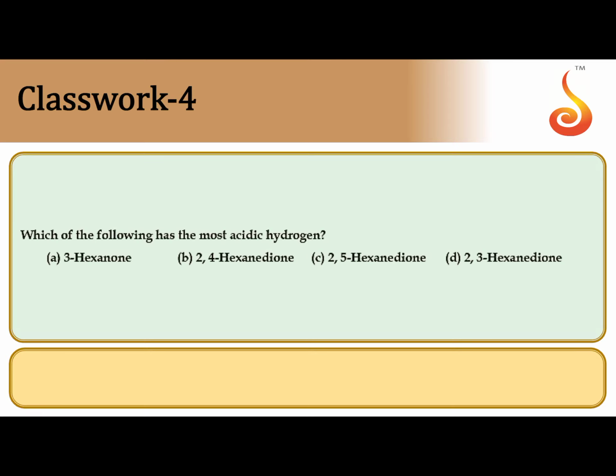Which of the following has the most acidic hydrogen? The hydrogen which has a greater magnitude of positive charge, and after the removal of that hydrogen as H plus, the conjugate base formed should be more stable. So the hydrogen present on the alpha carbon with respect to an electron withdrawing group becomes acidic.